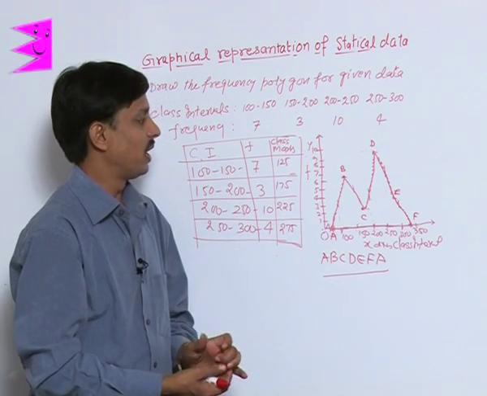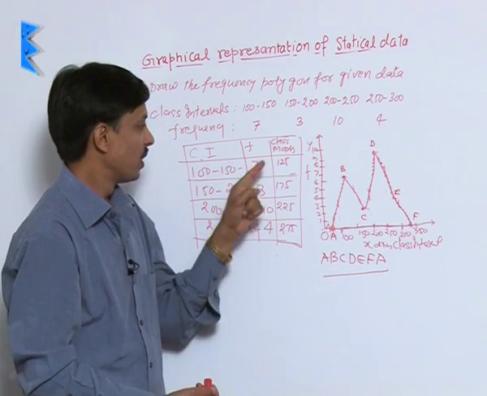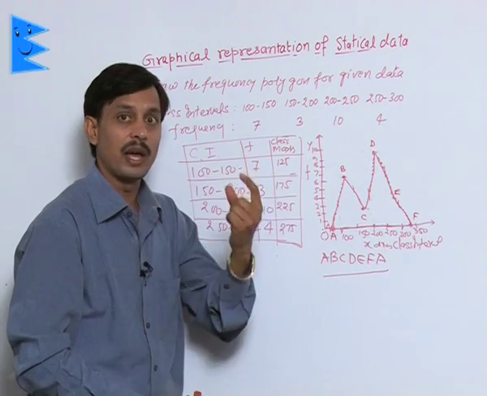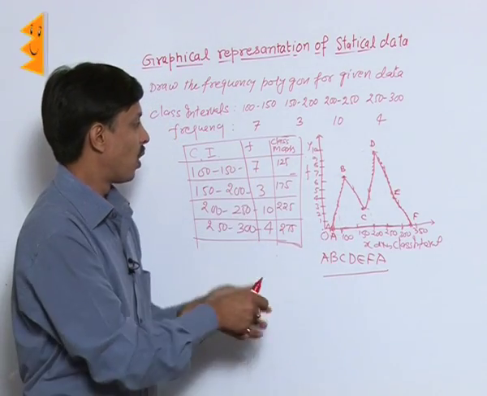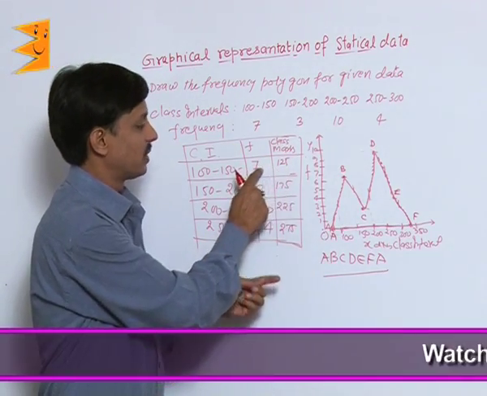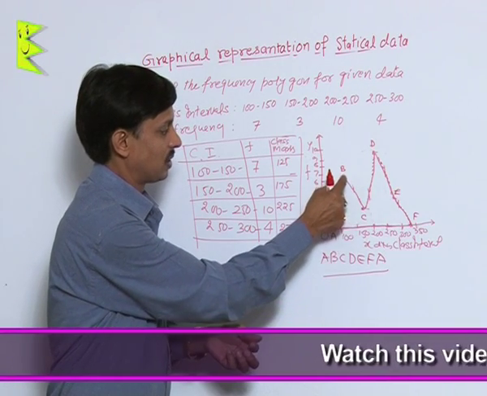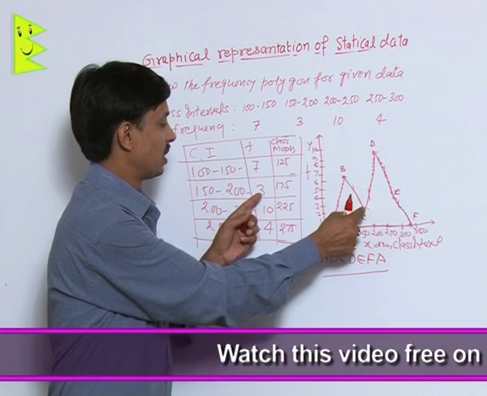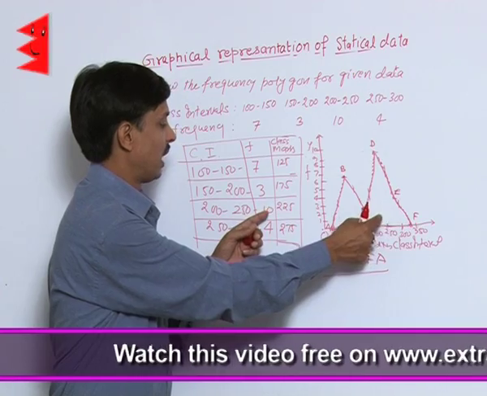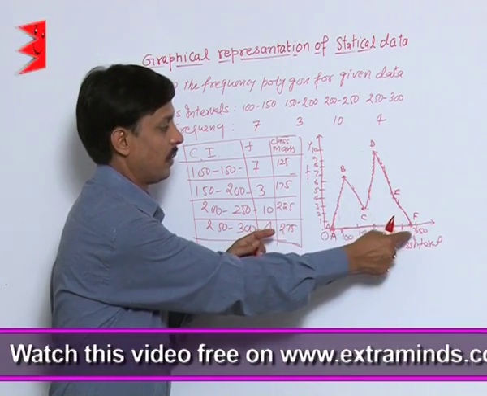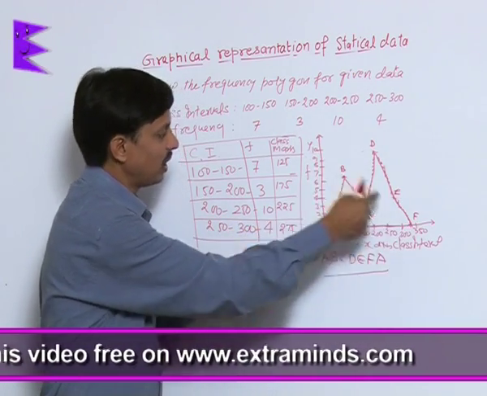Suppose you want to make it directly, it is again easy because of the midpoints I have taken. For 125 you will take 7, this is 125 and 7, next 175 and 3, next 225 and 10, then the next, and it will be closed.